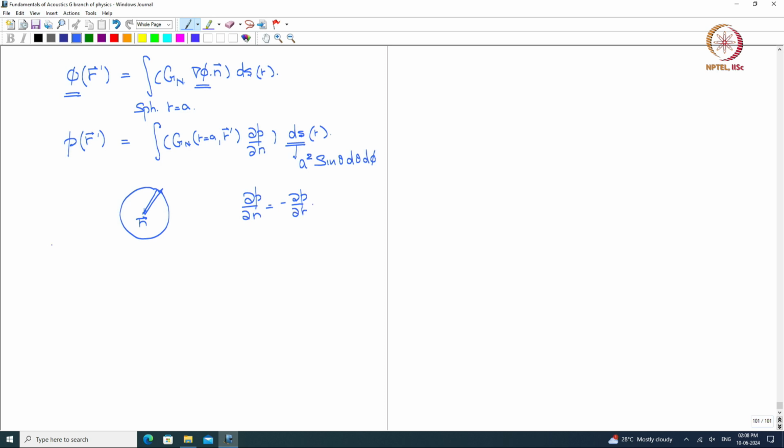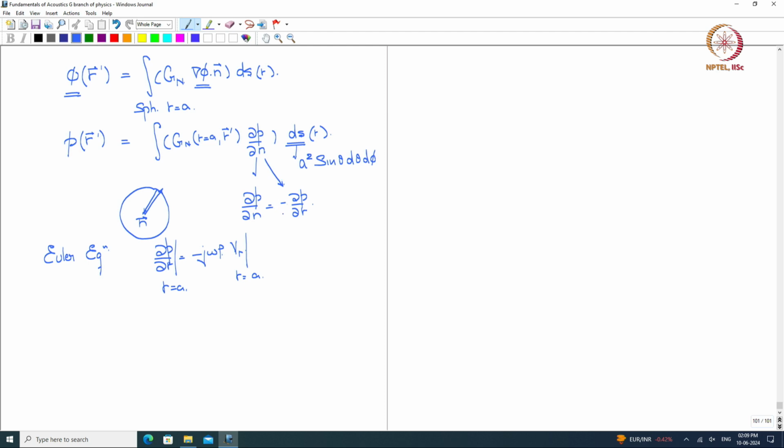and the Euler equation says del p by del r is equal to minus j omega rho velocity V r. Okay. So now we have del p del r at r equal to a, and therefore V r is at r equal to a. So first of all, del p del n changes sign if I replace it with del p del r.